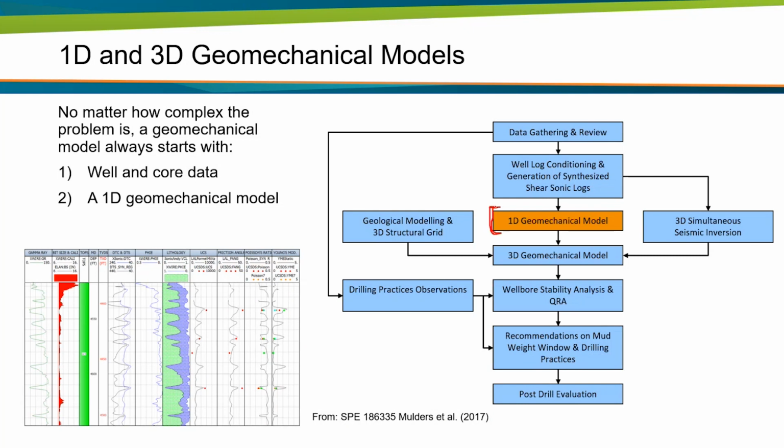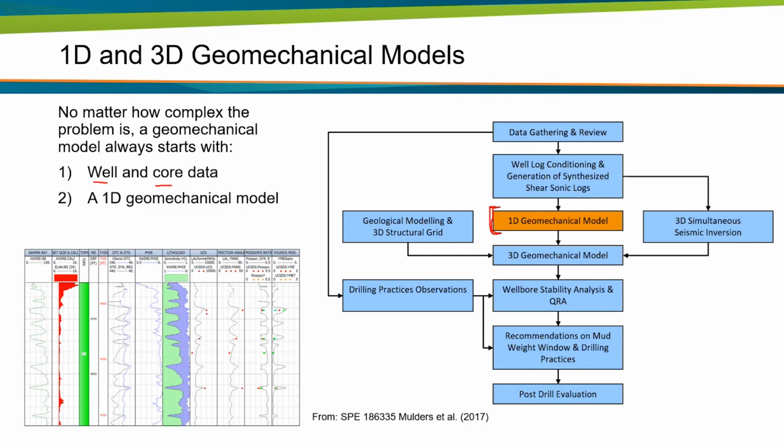So if you want to have a quality 3D geomechanical model, you need to have first a quality 1D geomechanical analytical model, because the model is always starting with well data, with wireline data, with core data.